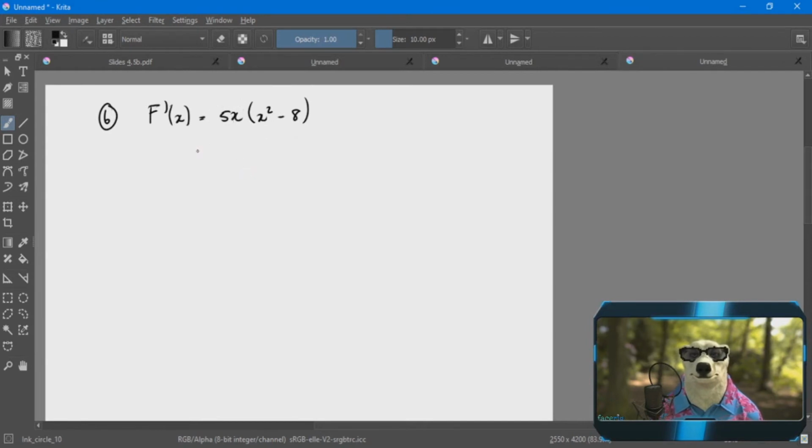But in the early stages, we should realize that we can simplify this first by multiplying the 5x in to get 5x cubed minus 40x. Now I'm back to a more basic situation that I can handle right now.